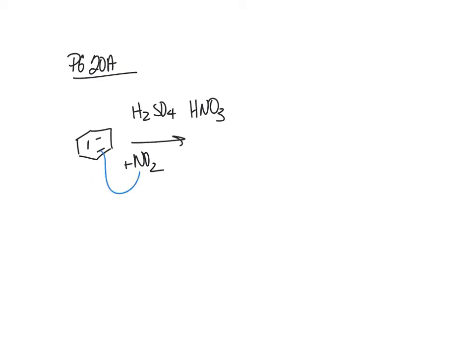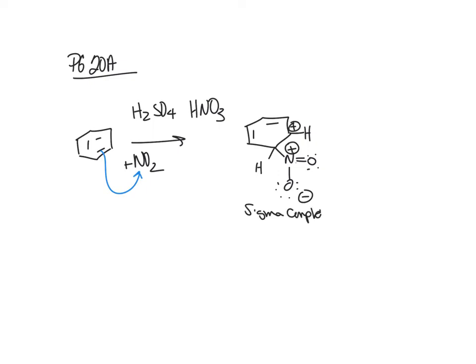I expect to see this for your open response on your exam and on your quizzes. And I actually want to see your nitro Lewis structures. So what does nitro look like? This is what nitro looks like. And this is your sigma complex. It'd be nice if you write sigma complex.